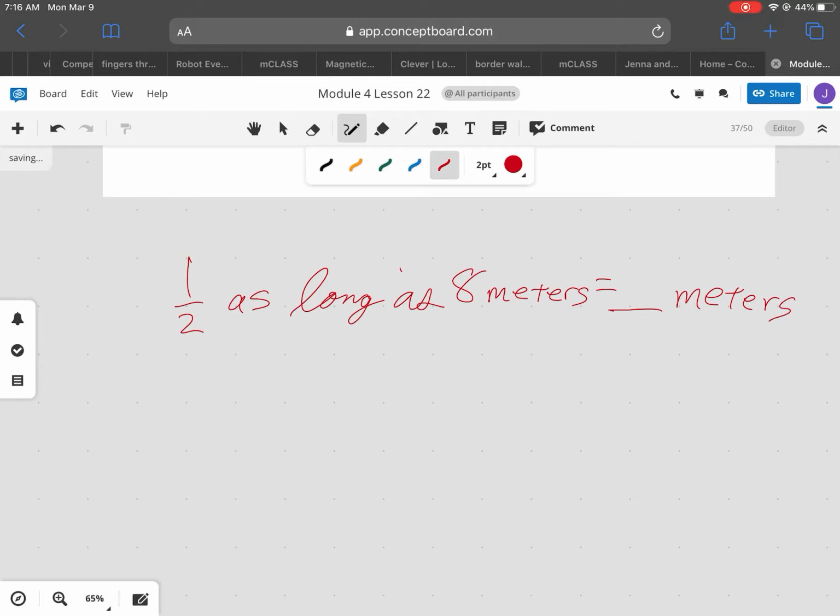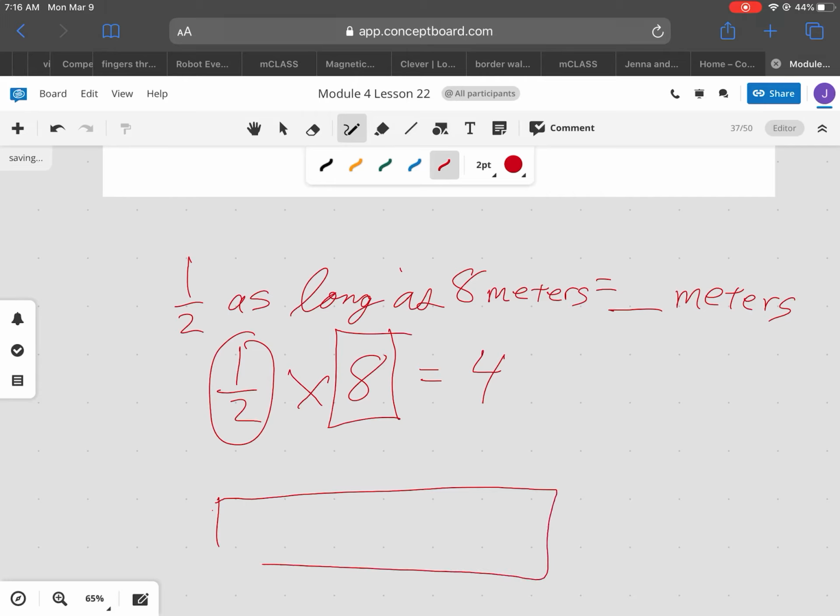This is what we did in class. Okay, so 1/2 as long as 8 meters. So our scaling factor is 1/2, and the number of meters is 8. So 1/2 of 8 is 4.